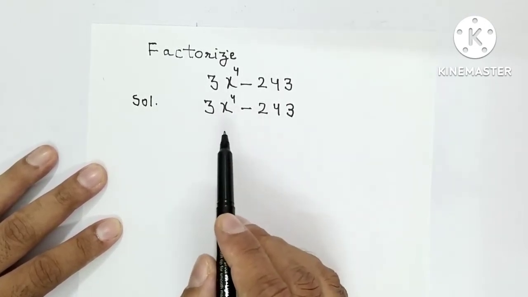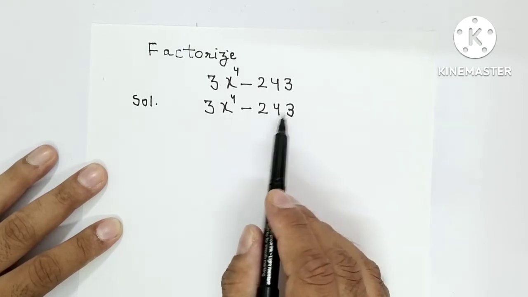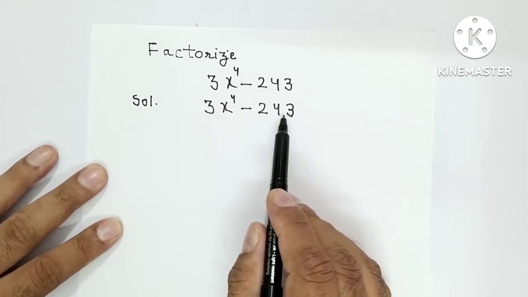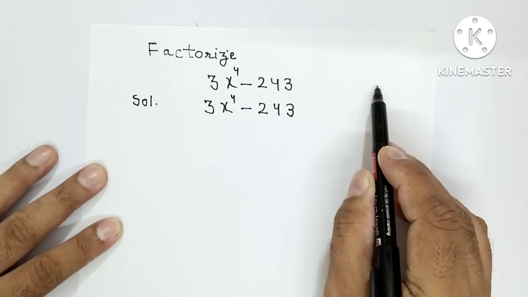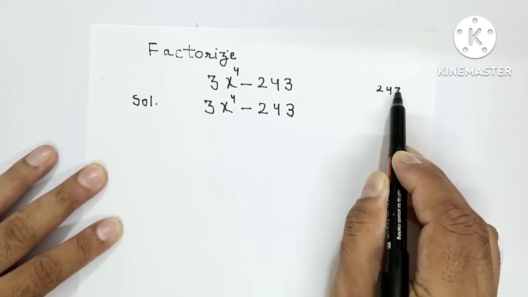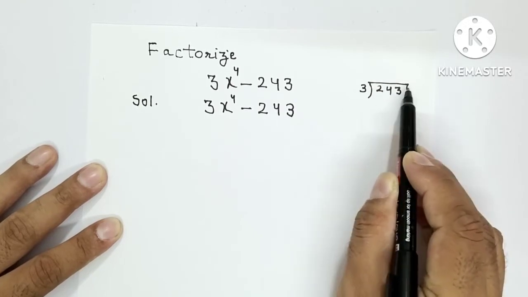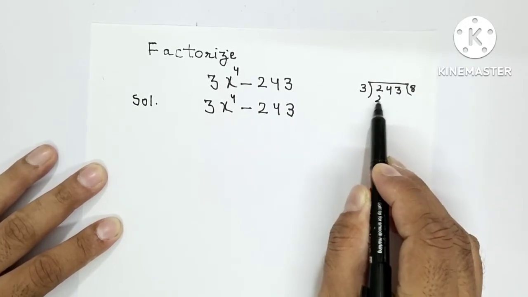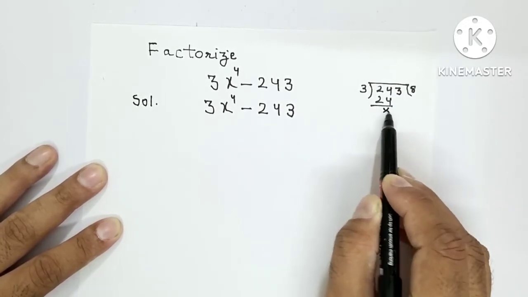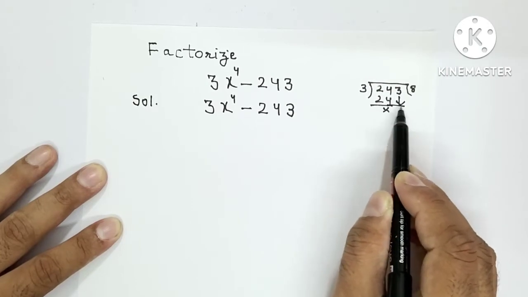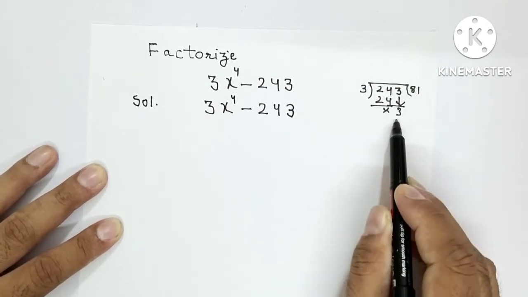Now the question is, what can we take out common? For that there is a simple procedure. You need to take in the rough work the HCF of 243 and 3. So 3 8s are 24, and 3 comes down, 3 1s are 3.